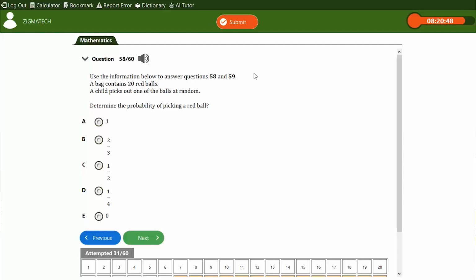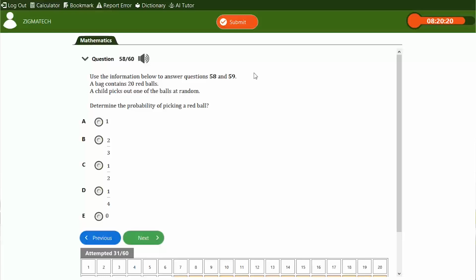If we have 20 red balls inside a bag and a child closes his or her eyes to pick a ball, will the child pick a green ball? No. White ball? No. Yellow ball? No. Pink ball? No. The child must pick a red ball because all the balls inside the bag are red in color.